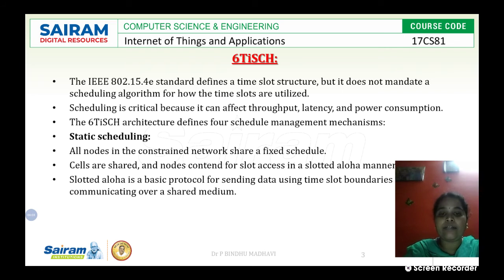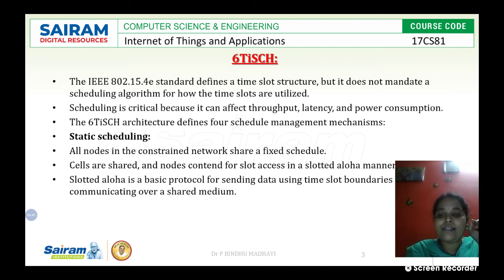This frame is allocated for this schedule for the transmission. Like that, the cells will be shared, and the nodes allocated to a particular slot will access it in a slotted ALOHA manner. Slotted ALOHA is a protocol that we use for sending data using time slot specifications and communicating over a specific medium. So the static scheduling management mechanism is the one where the constrained nodes follow a fixed schedule and communicate within the network.